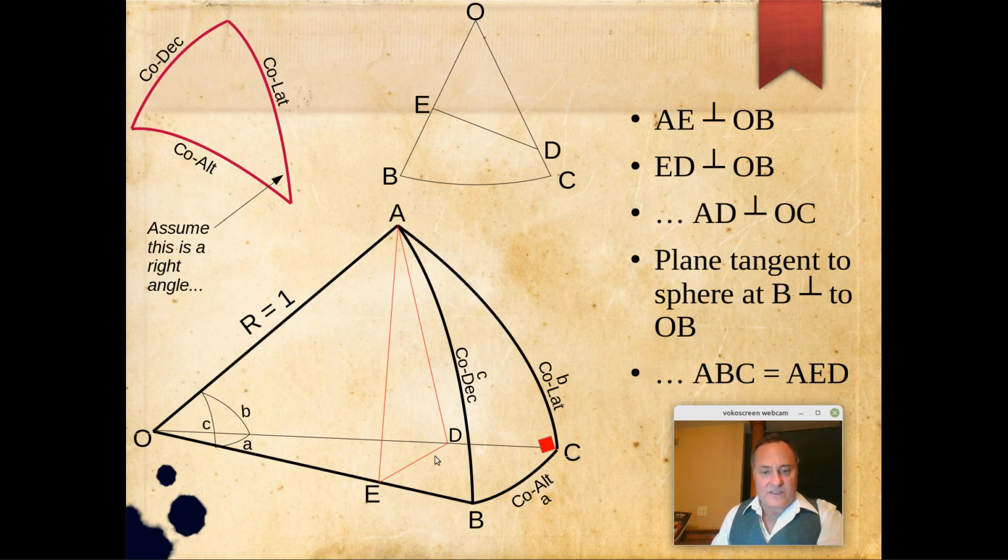These angles are equal, in part because they're perpendicular, ED is perpendicular to OB, so that AED is equal to ABC. All right.